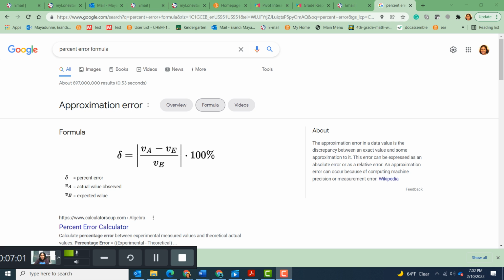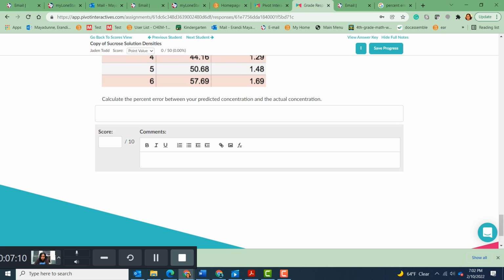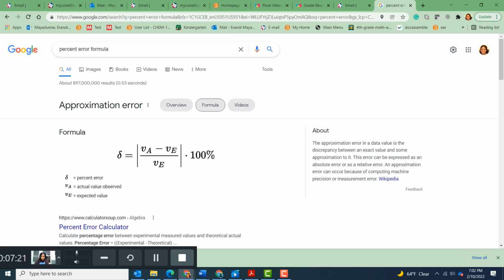So my concentration is 16, expected 13.47.